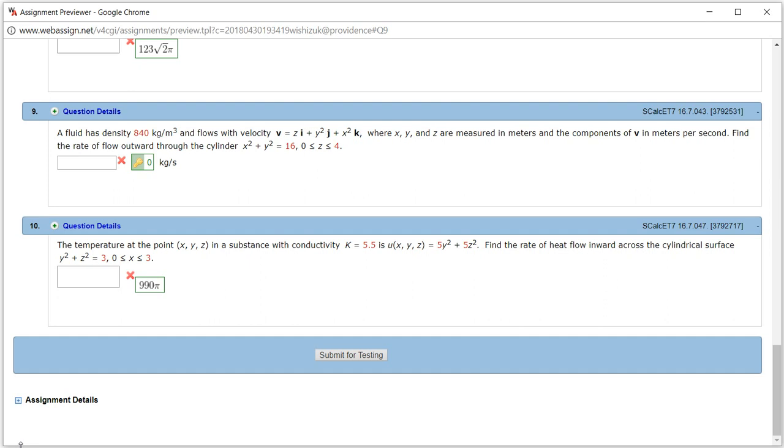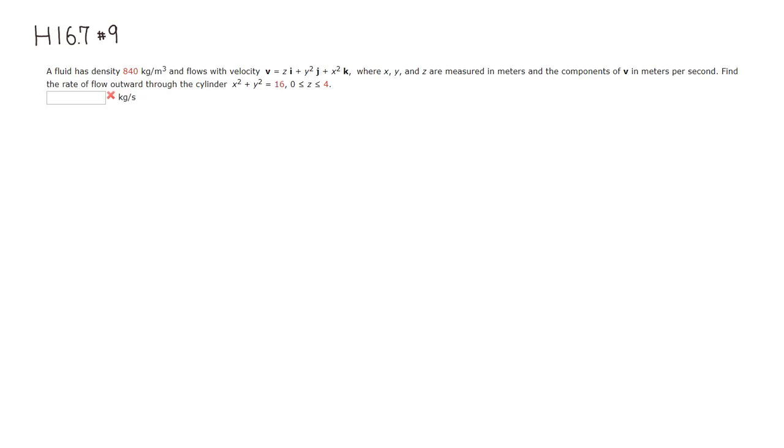All right, let's look at homework 16.7, problem number 9. A fluid has density 840 kilograms per cubic meter. So this is our rho, right?